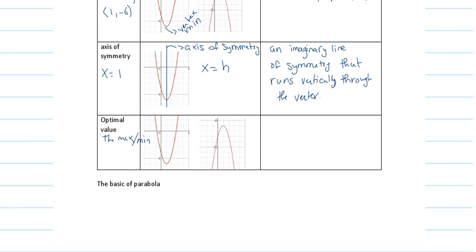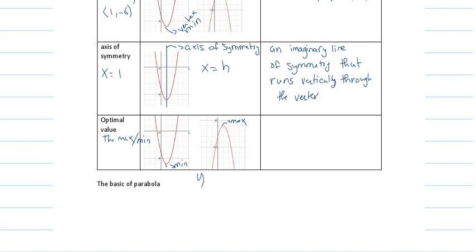Let's look at the first graph. Do I have a minimum or a maximum? Minimum, right? And in this graph, we have a maximum. And then you would write it like this: y equal to the k value.